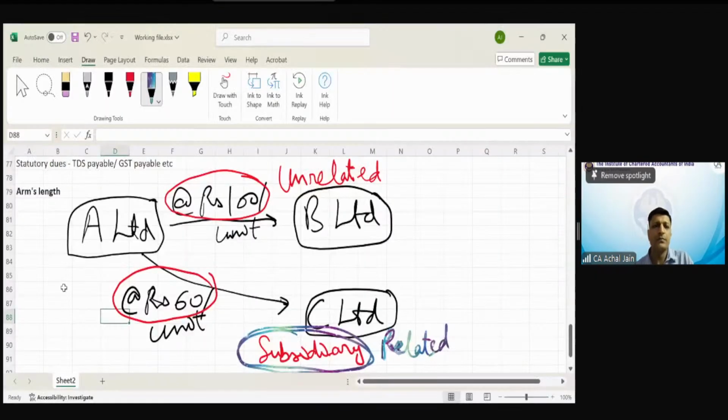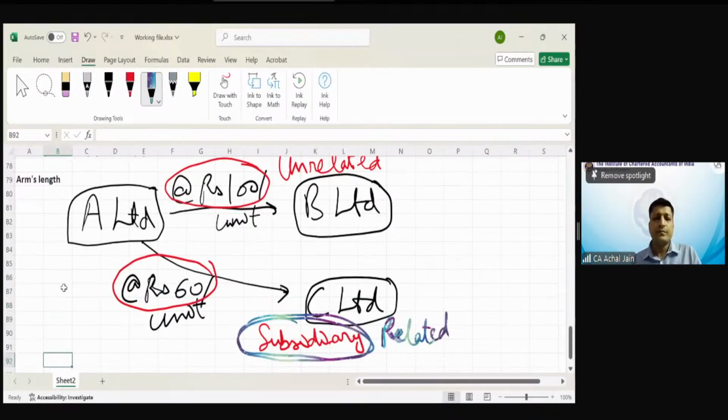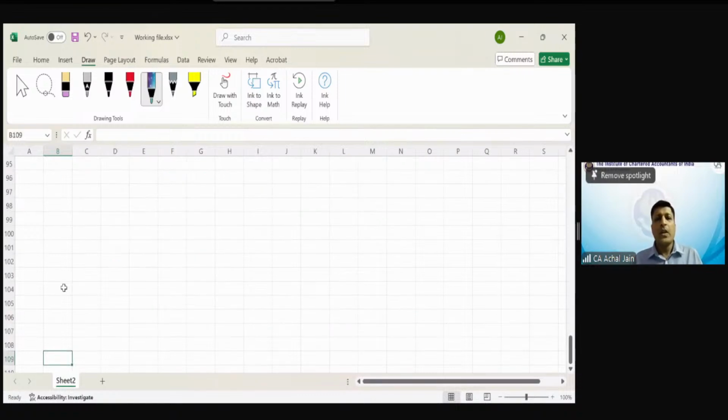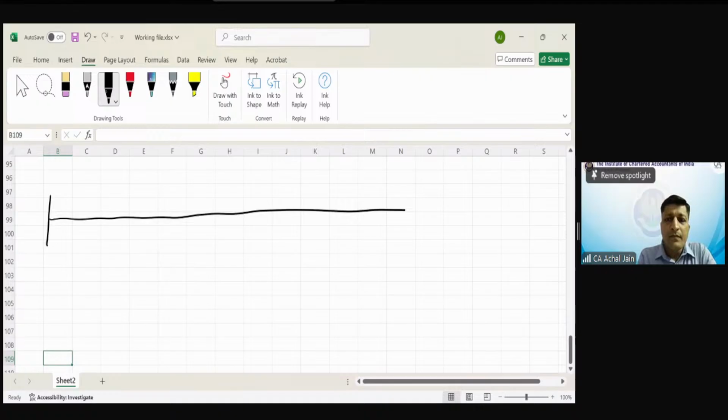Now, in respect of subsequent testing, say if the audit of year 24-25 is performed, and I think we have discussed this procedure earlier also, but let's discuss this once again.